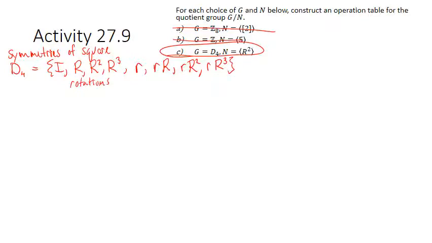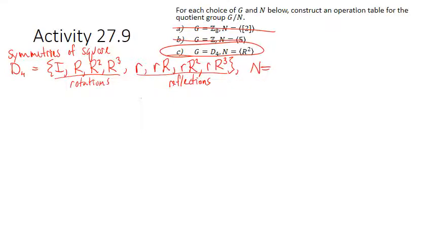So the first 4 are the rotations, and then the last 4 are the reflections. And then, of course, big R itself is the 90-degree counterclockwise rotation, and little r is the reflection over the vertical line. Okay, so what is, in fact, n in this case?